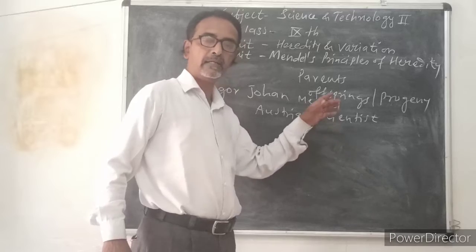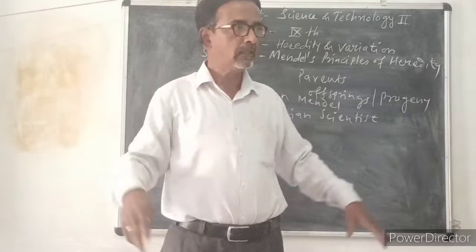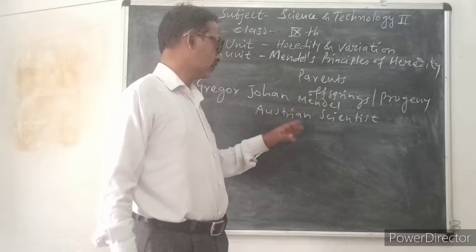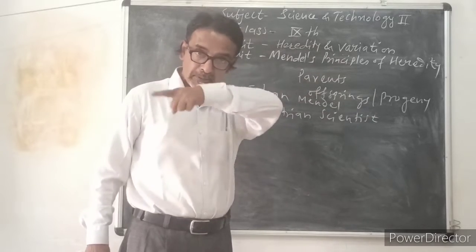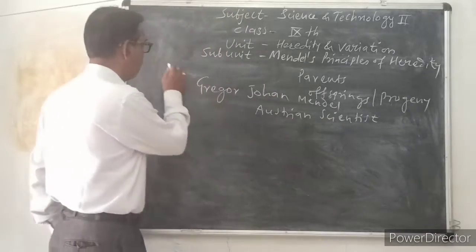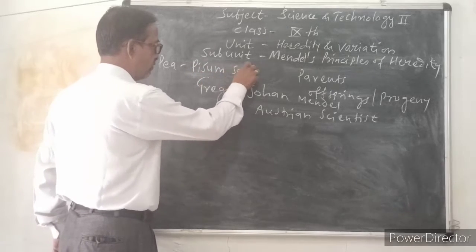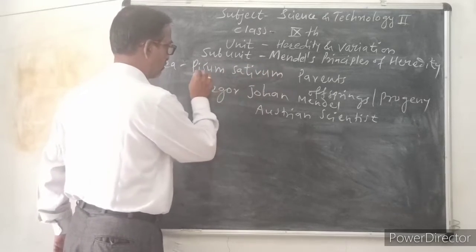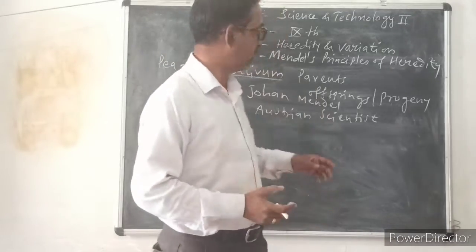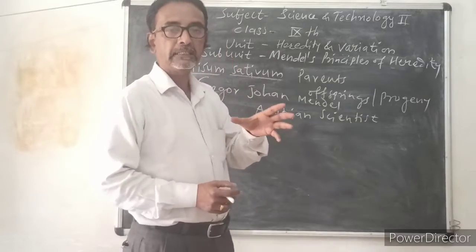He was a father at an Austrian church, and behind the church there was a tremendous open space. As he was a scientist, he used that space and did an experiment on a plant called pea plant, Pisum sativum. He grew pea plants in that open area and studied their characters.